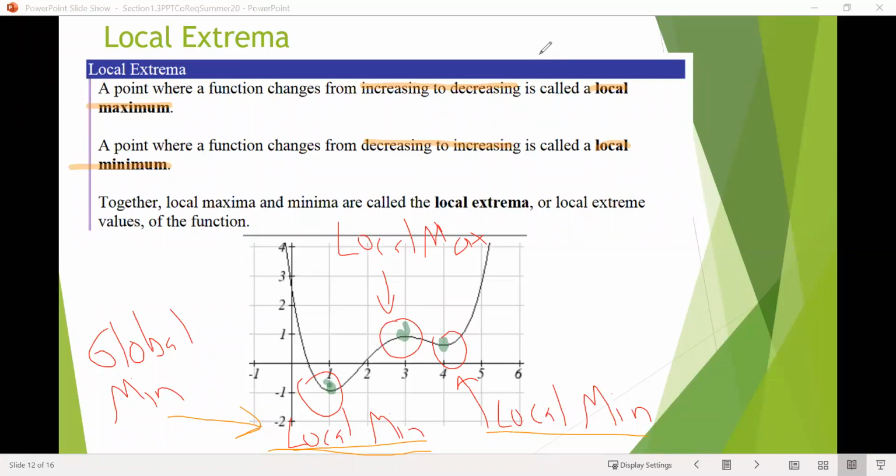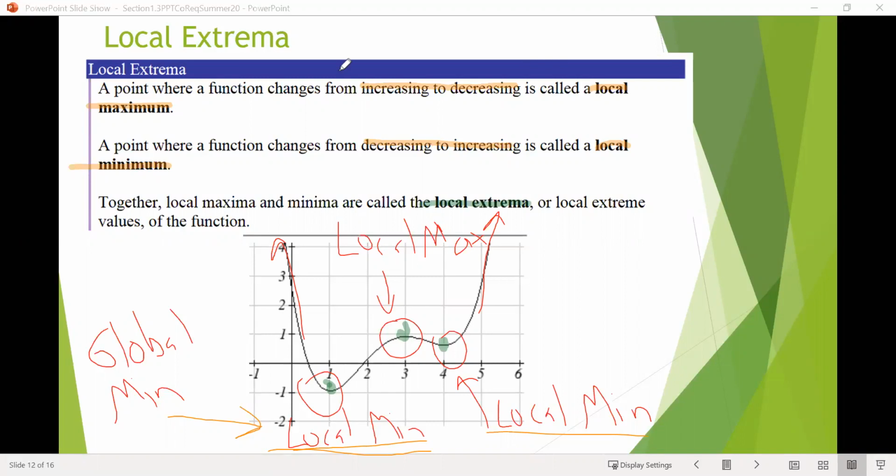And this function does not have an absolute max or global max because if you'll notice here, the graph goes up forever and ever to the left and the right, so there's no highest point, okay? And local mins and local maxes, the general term for them altogether is local extrema.